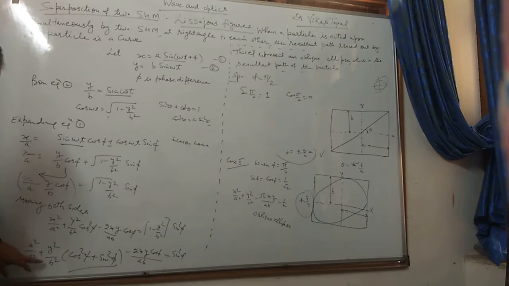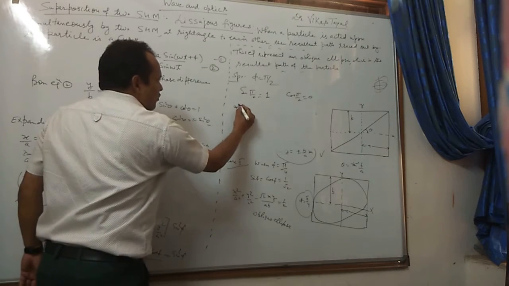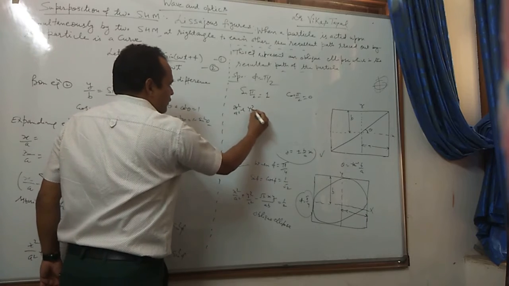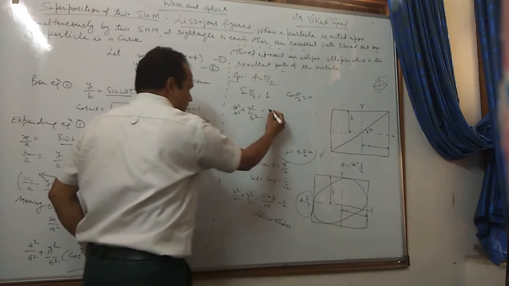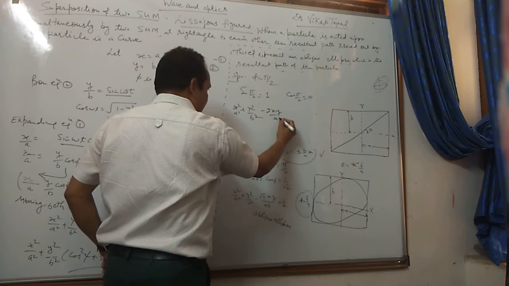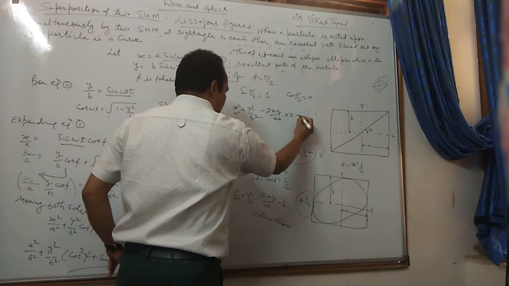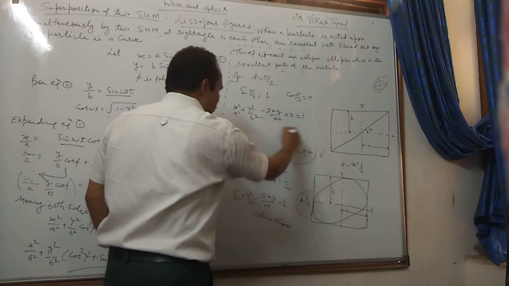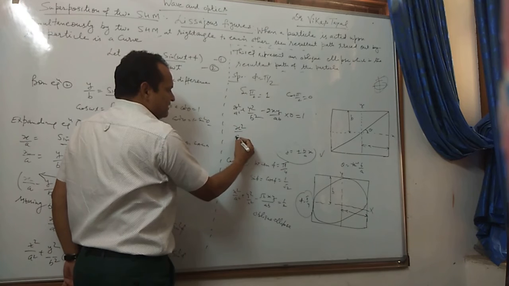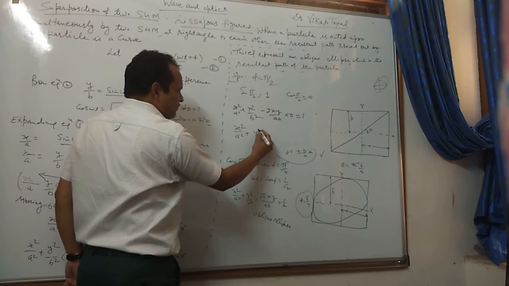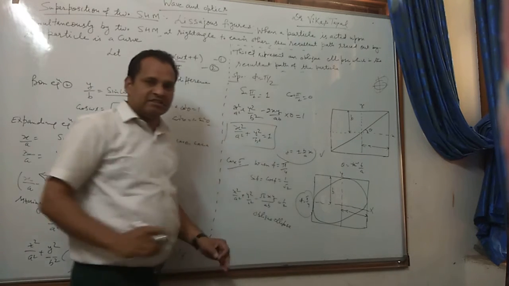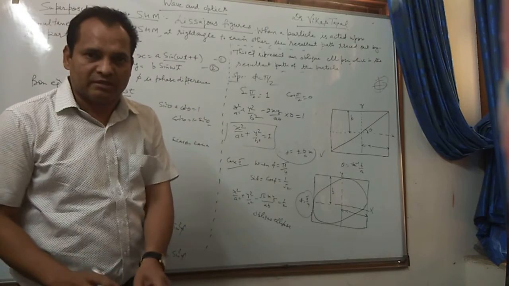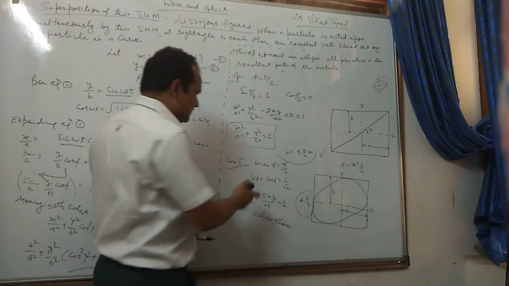Substituting these values, x²/a² + y²/b² − 2xy/ab × 0 = 1. This whole factor becomes 0, so x²/a² + y²/b² = 1. This is the equation of an ellipse.